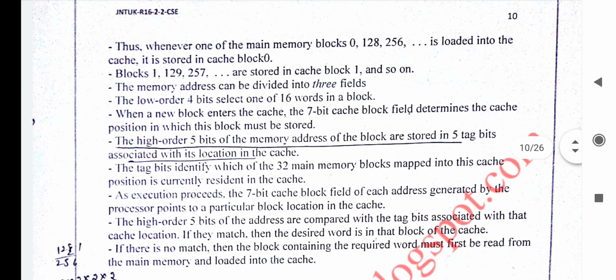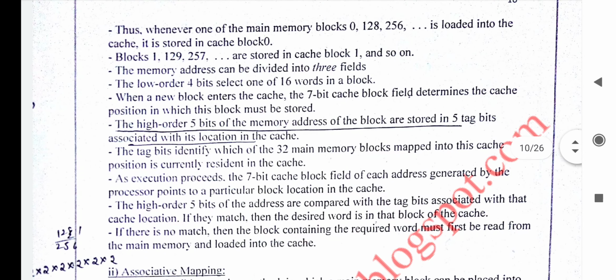Thus, whenever one of the main memory blocks, that is 0, 128, 256, is loaded into the cache, it is stored in cache block 0. Blocks 1, 129, 257, see, one is added to the previous one, are stored in cache block 1 and so on. The memory address can be divided into three fields.